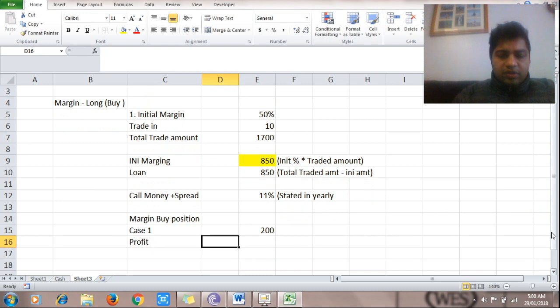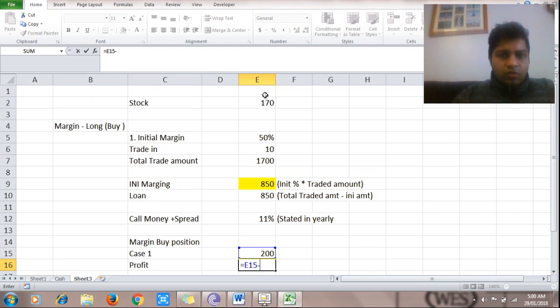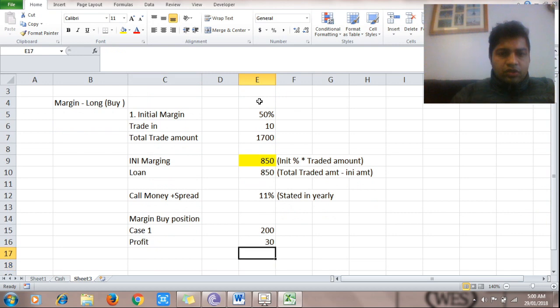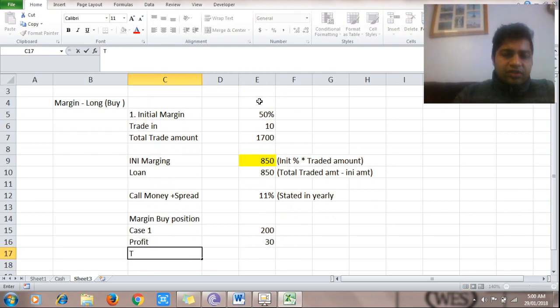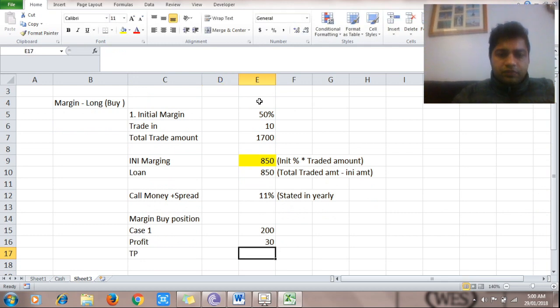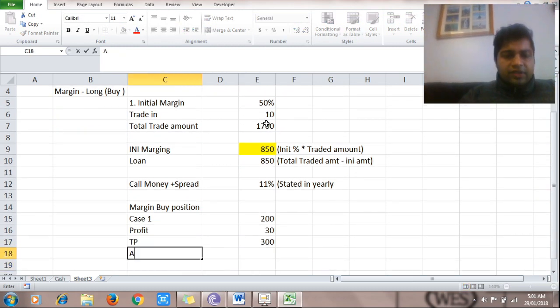How much is the profit? Profit is the difference between the current share price minus the price at which you bought. So $30 profit per share. How many shares were you trading? So total profit would be 30 multiplied by 10, that is $300. This profit gets added to margin amount.